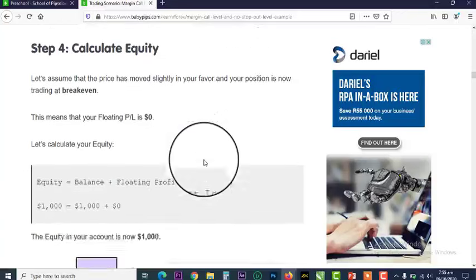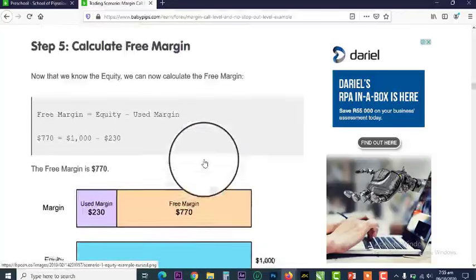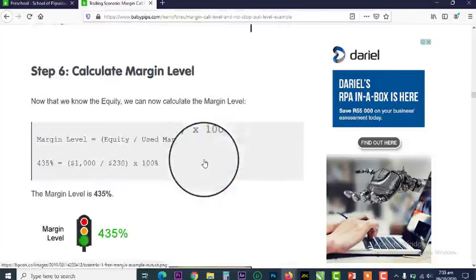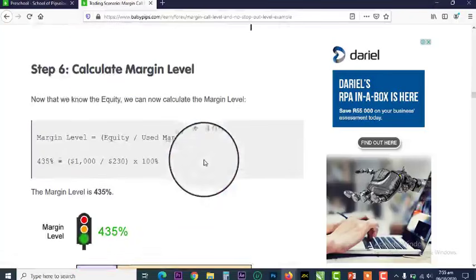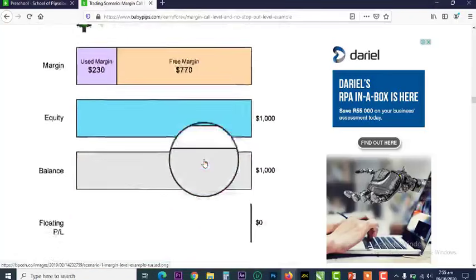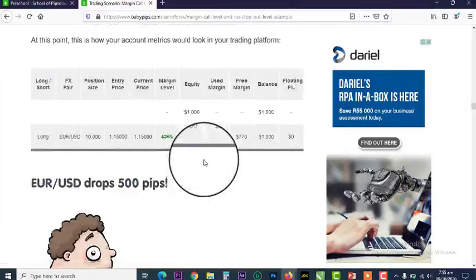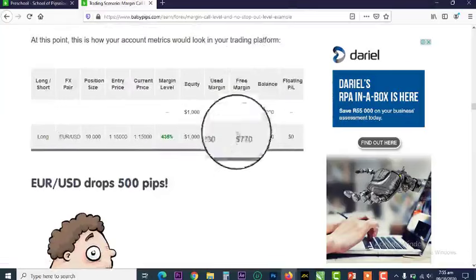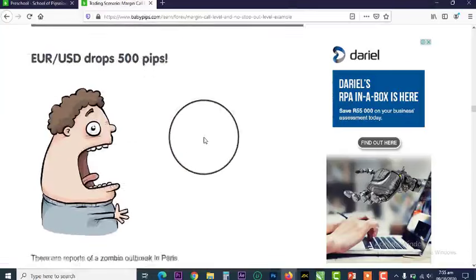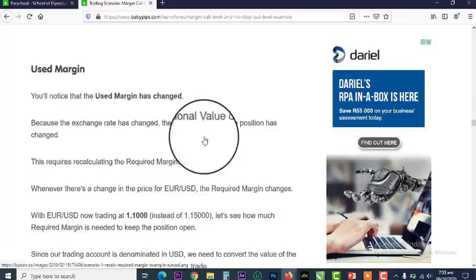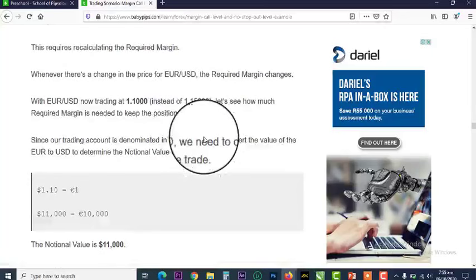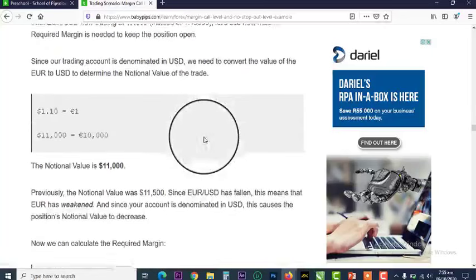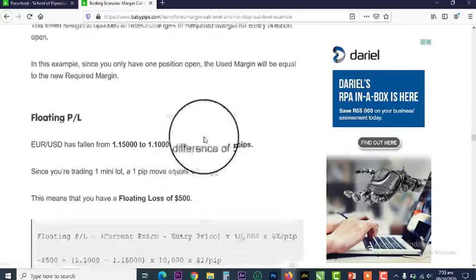Step 4, calculate equity. We've talked about equity, and we've told you your broker does all of this for you. Calculate your margin level. We've told you your broker does this for you as well. And this is just a chart that shows that as well. There's used margin. We've talked about that. Your account that is currently running, and that's your used margin.